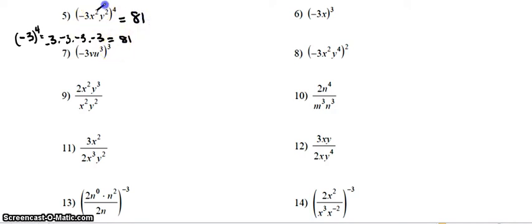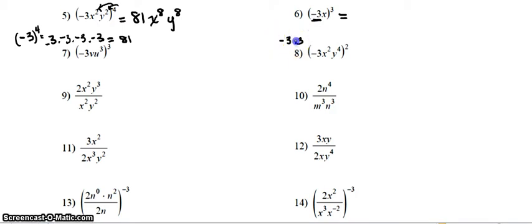X squared to the fourth power: when you raise a power to a power, you multiply. So 2 times 4 is 8. And then this is also y to the 8. Okay, another one, negative 3 cubed. For the coefficients, you take whatever it is and raise it to the power, and since it's a number, you know what negative 3 to the third power is, so go ahead and do it on the side.